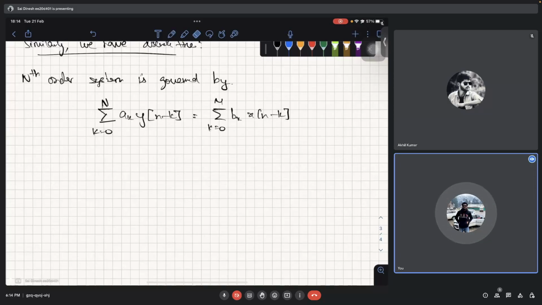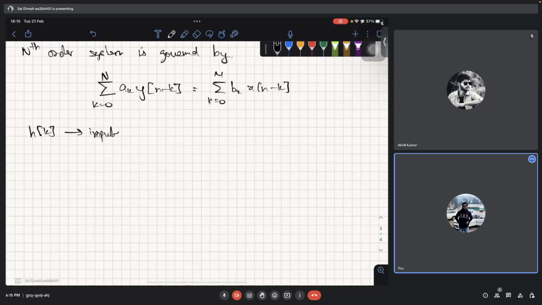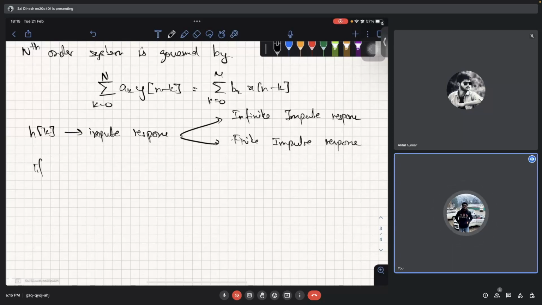Now we have two types of systems. If we find the h of k, which is the impulse response, they are of two types, which are infinite impulse response and finite impulse response.